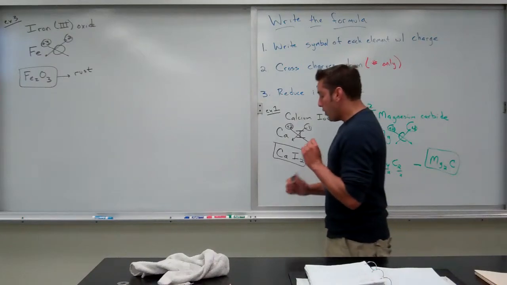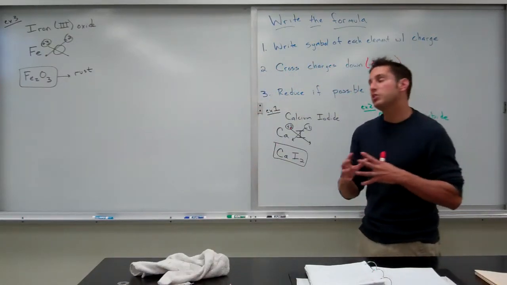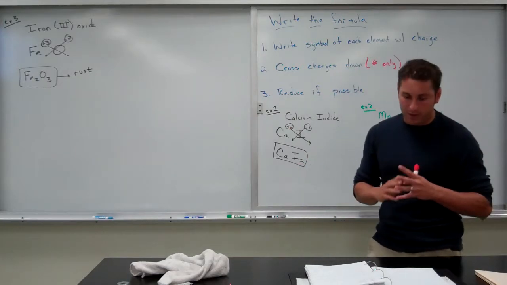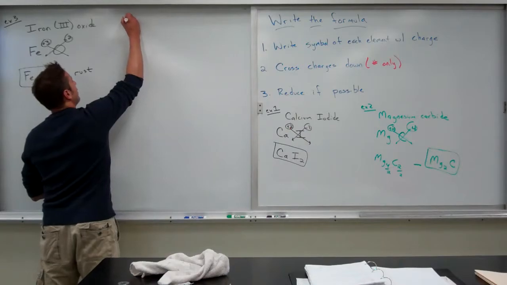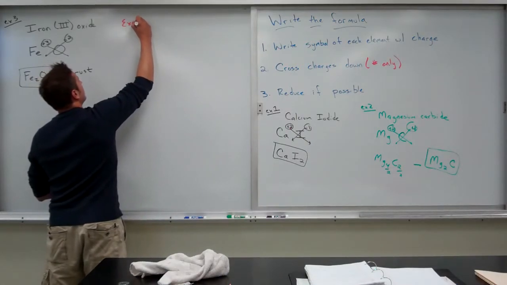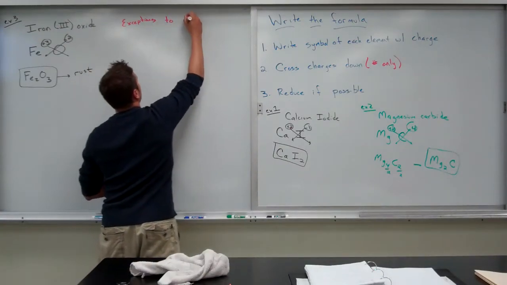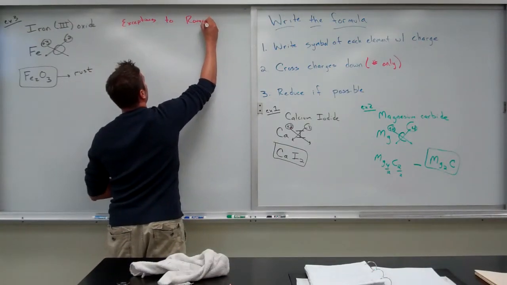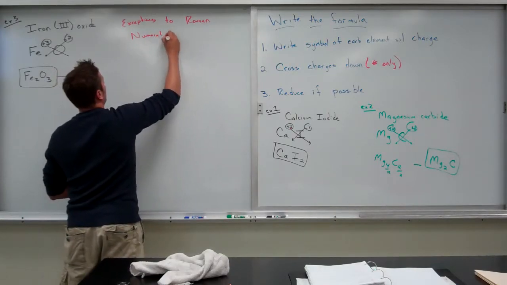Now, we get Roman numerals for the transition metals, but just like any rule, there are some exceptions. Right? So I'd like to put that in red and have you know that. Exceptions to Roman numeral rule.